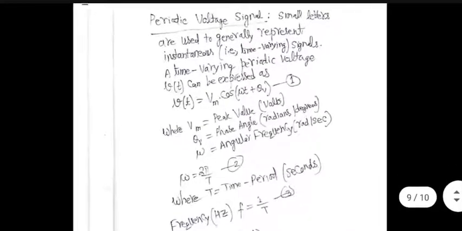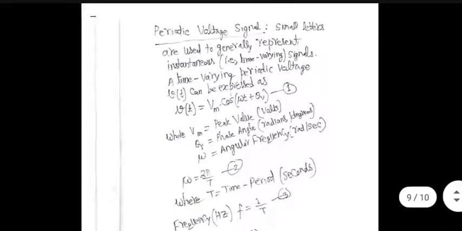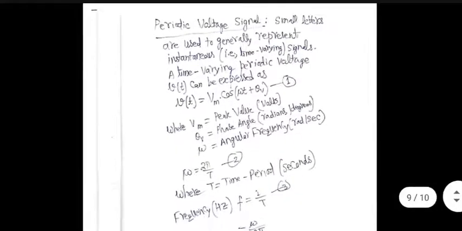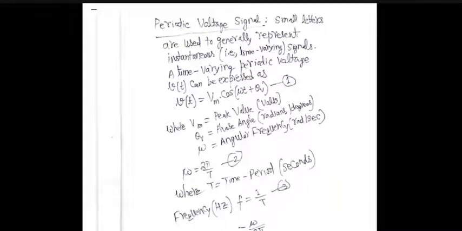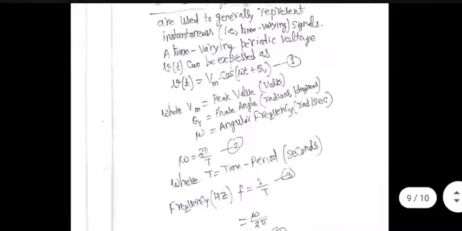These are some basics again, which I will quickly rush through because you know all this. The instantaneous value of voltage is written as Vm cos omega t plus some phase shift theta V. Vm is the peak value, theta V is the phase shift or phase angle, and omega is 2 pi f, which is 2 pi divided by capital T. Capital T is the time period.